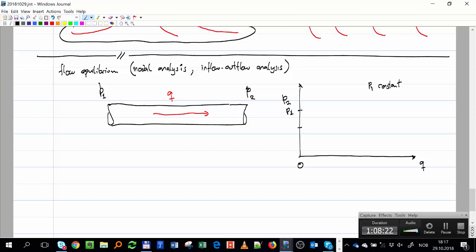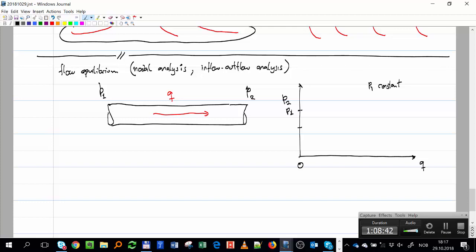Now, what will happen if I increase the rate, let's say here? Will the pressure P2 be lower than P1 or bigger than P1? Lower, okay?